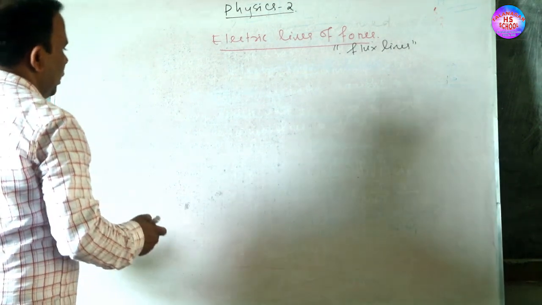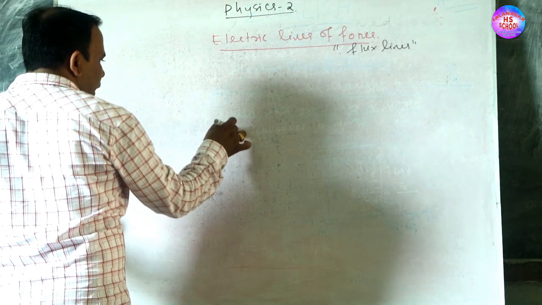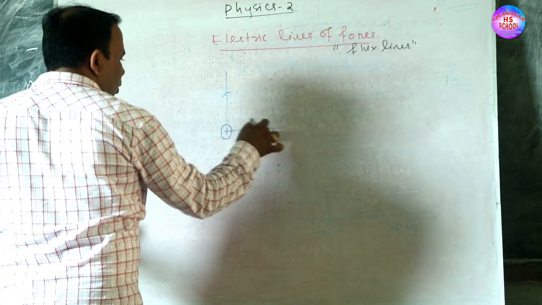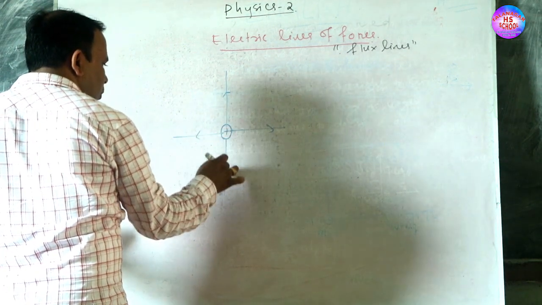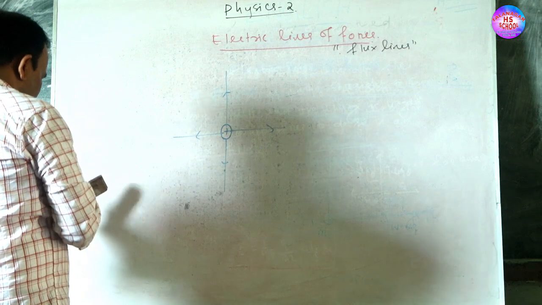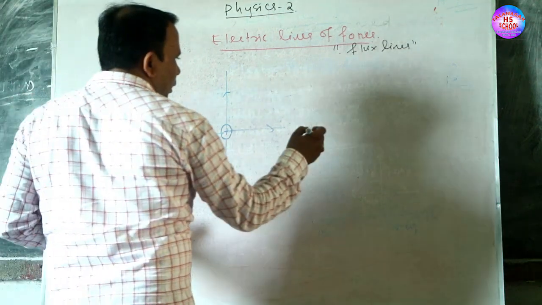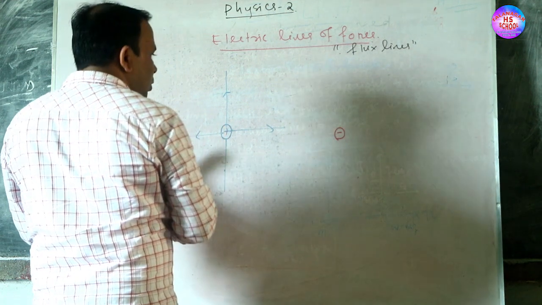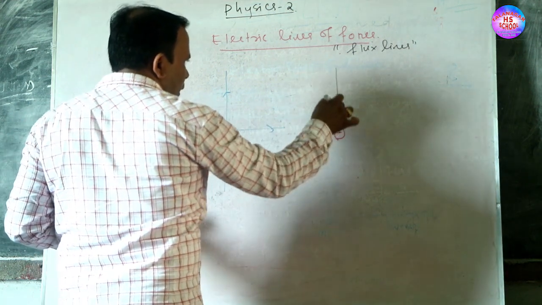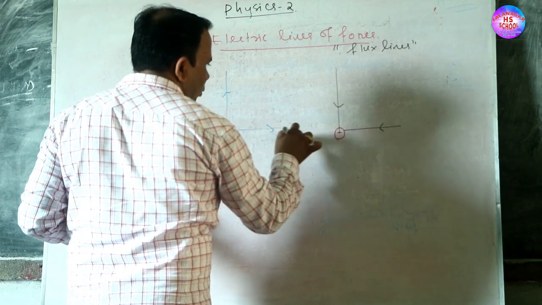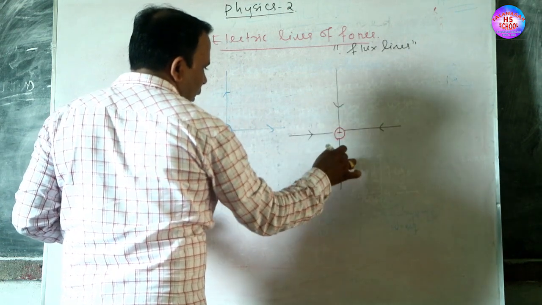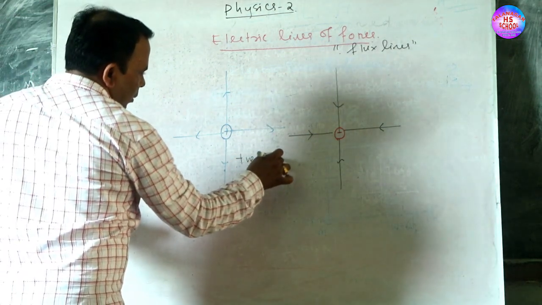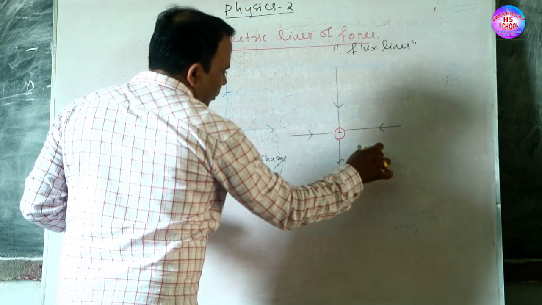For a point charge, means an isolated charge, the electric lines of force are straight lines. For an isolated negative charge, the electric lines of force are also straight lines. That is the positive charge, isolated positive charge, and this is the negative charge.